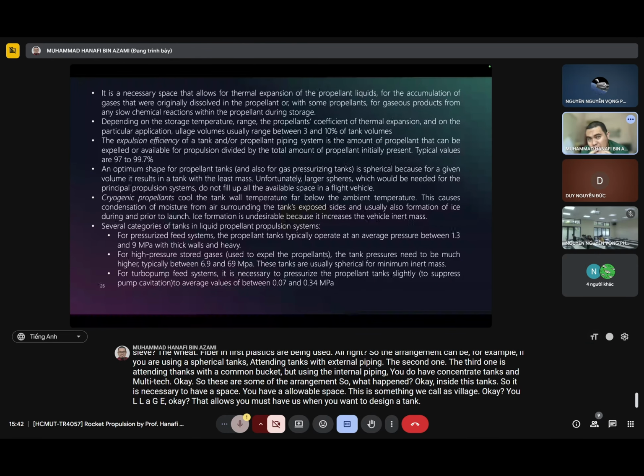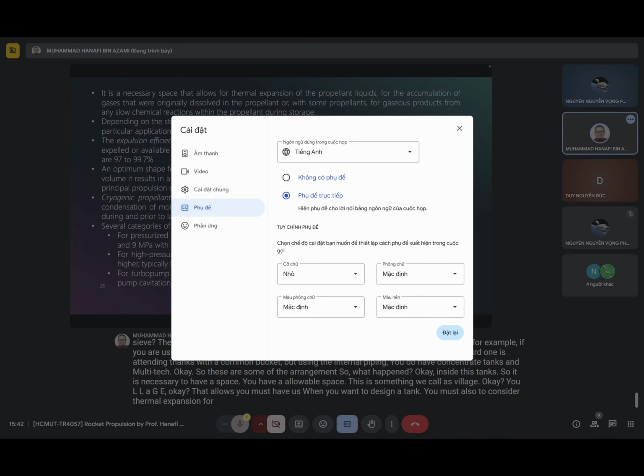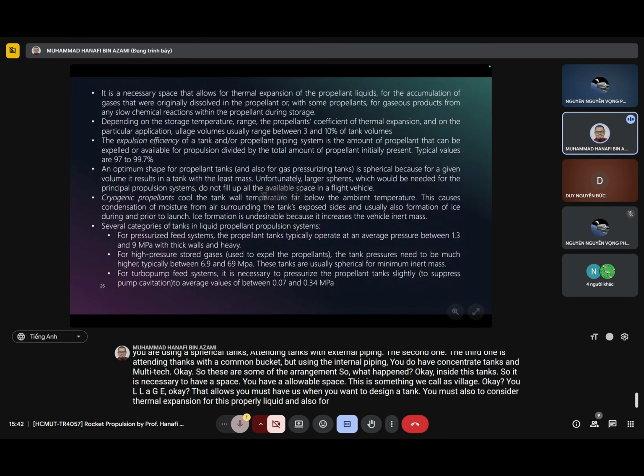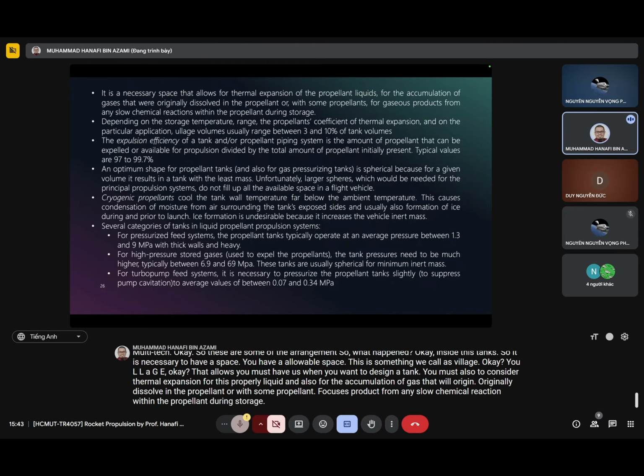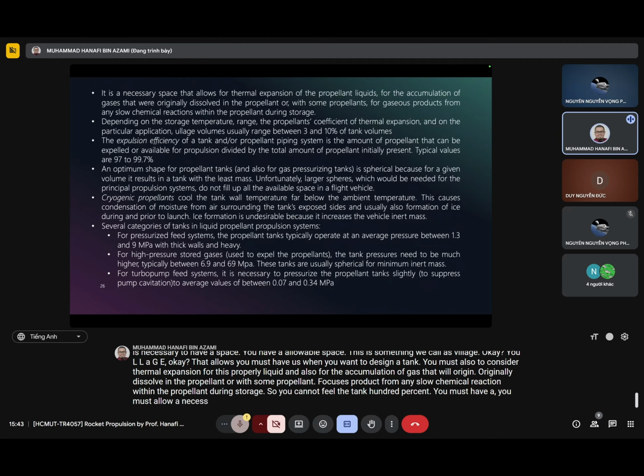When you design a tank, you must also consider thermal expansion of the propellant, and also the accumulation of gas that was originally dissolved in the propellant, or gaseous product from any slow chemical reaction within the propellant during storage. So you cannot fill the tank 100%. You must allow a necessary space for this.